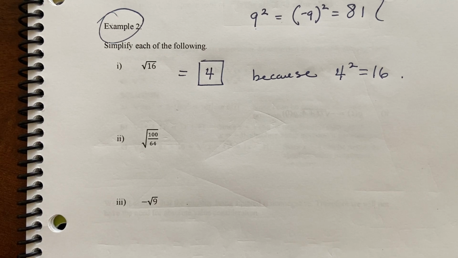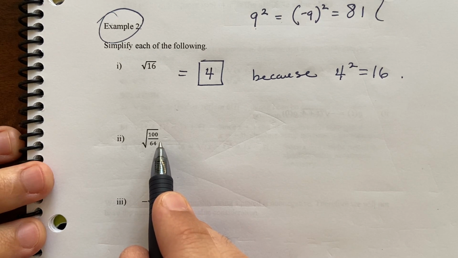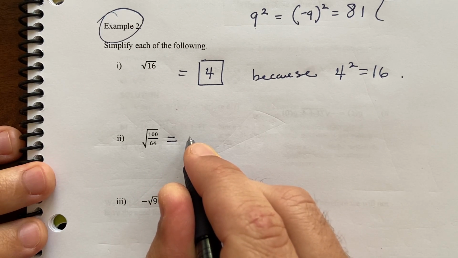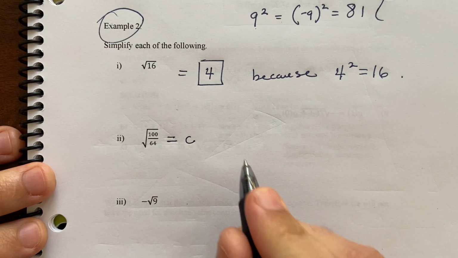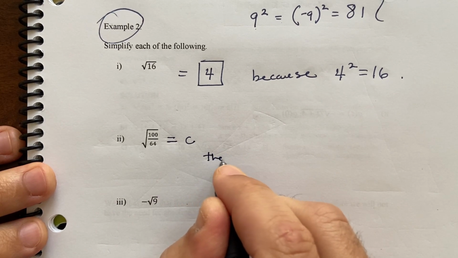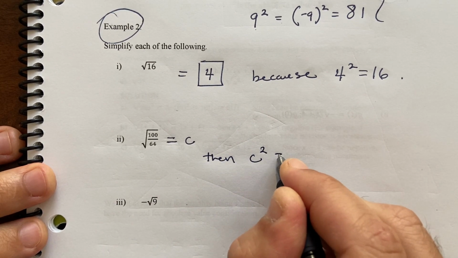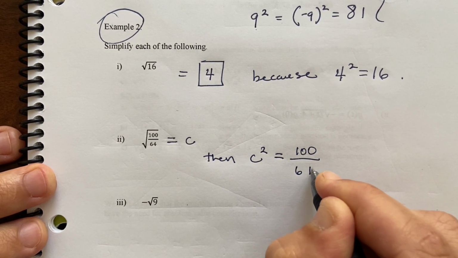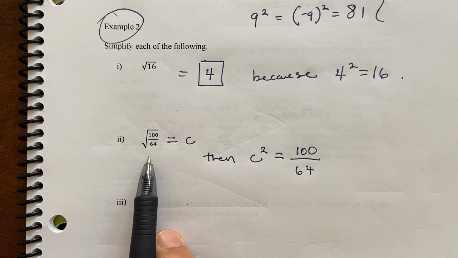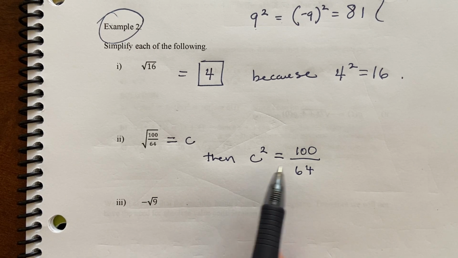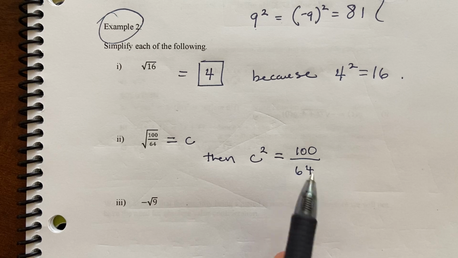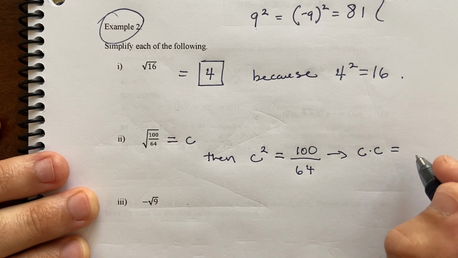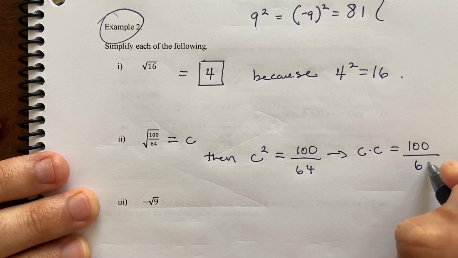For the next one, what I'm doing is looking for if this equals a number c, then c squared would equal 100 over 64. Whatever's inside, that's what I'm trying to multiply or square to. So this would mean that c times c is 100 over 64.